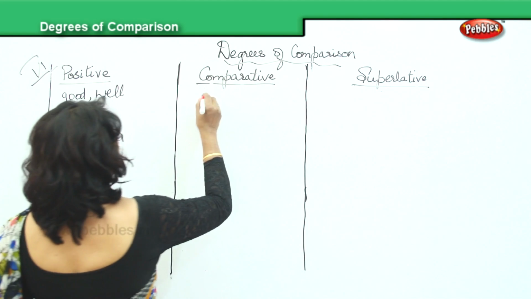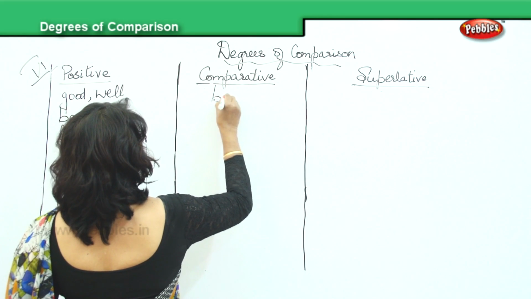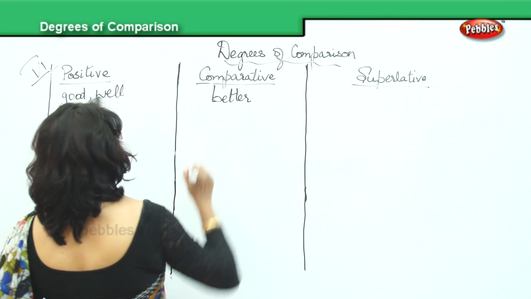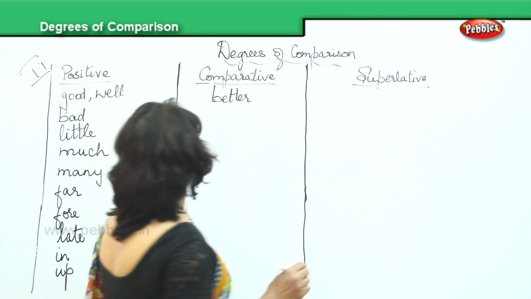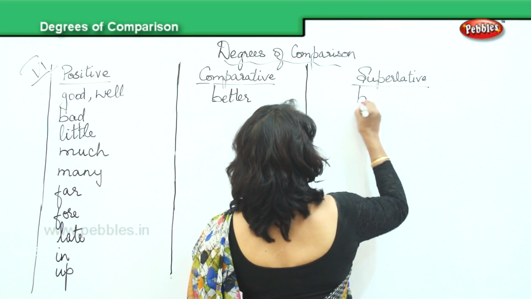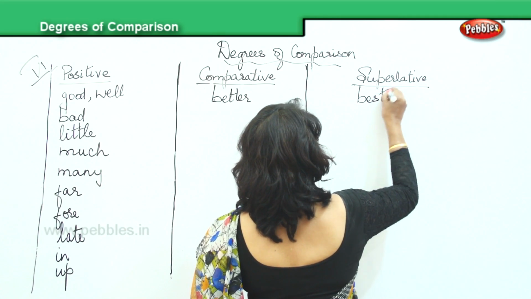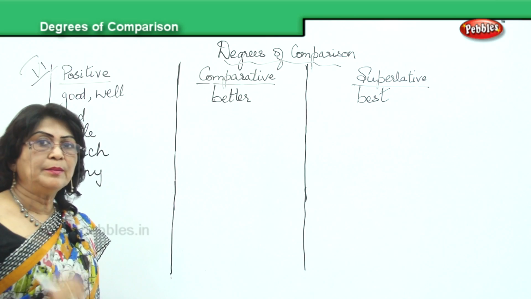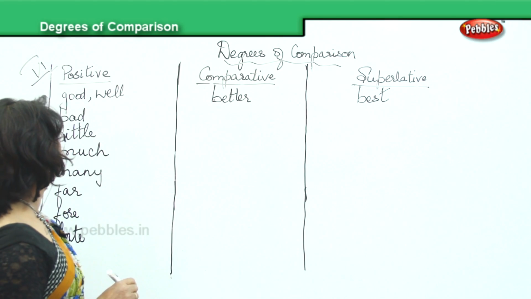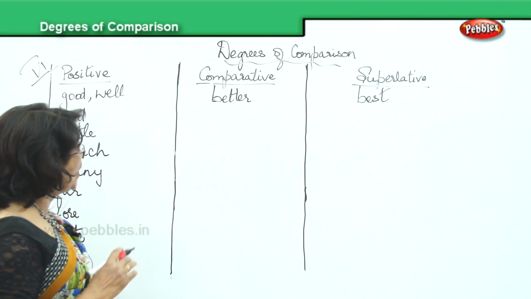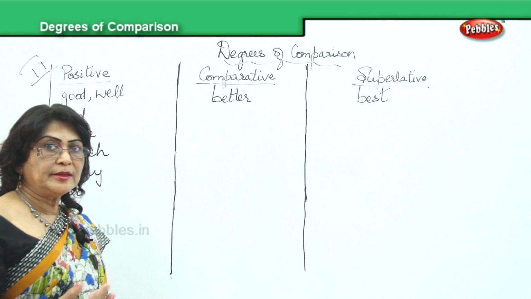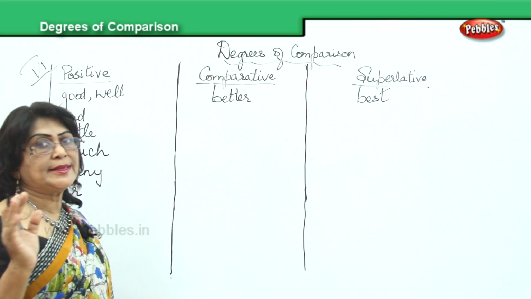Good or well, better, and best. Good, better, and best. Don't say, even for well also, I'm quite well, I'm better now, and I'm the best.